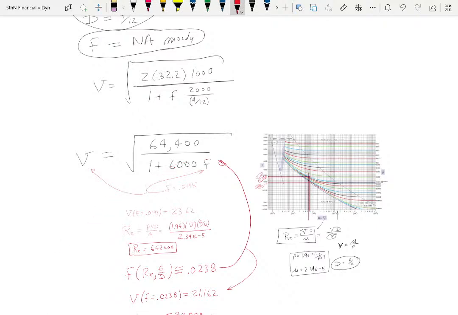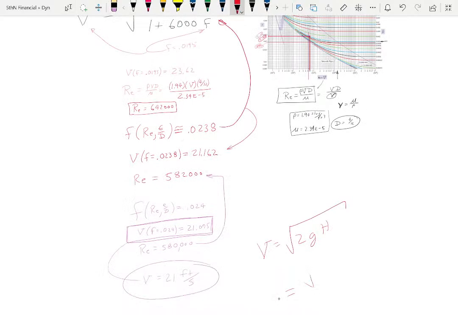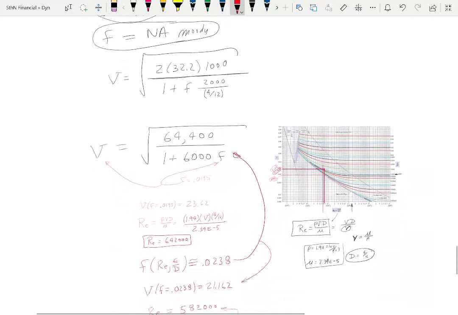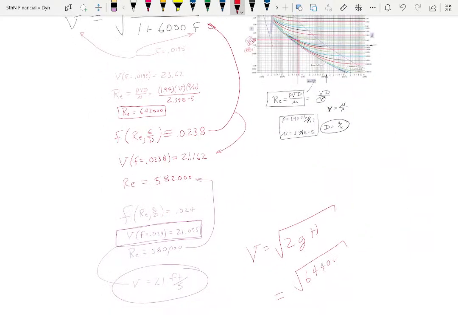And it'd all be over 1. So it'd be 64.4, and then take the square root. 253 feet per second.